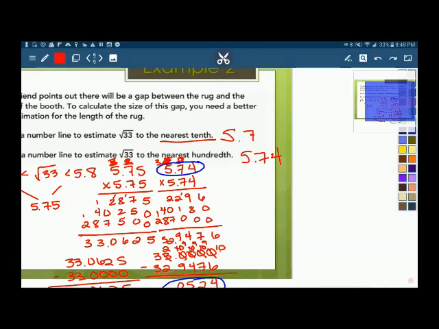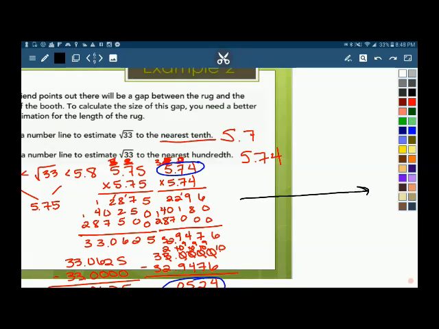If we're going to draw this on a number line, the way I would do that is I would maybe go by tenths. So let's say this is 5.2, 5.3. You know what? I could probably start that off a little higher. Let's do 5.5, 5.6, 5.7, and 5.8.